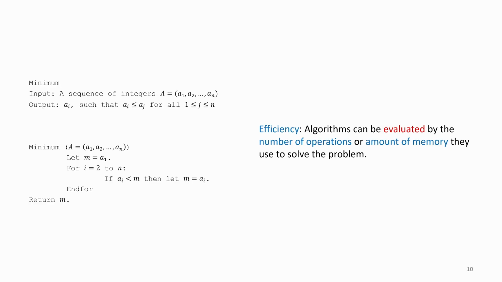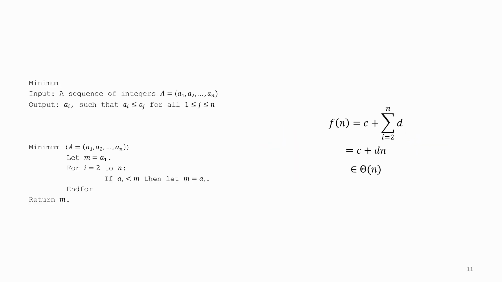So when we look at our minimum algorithm here, we might ask ourselves, how much memory does it take? I'm not going to spend too much time on that, but we might also ask ourselves, how many operations does it take? And to do this, we're going to use a sum here. And again, we've probably had some familiarity with summations. So here's our summation. One thing I want you to notice is that it starts off at 2 and it goes up to n.